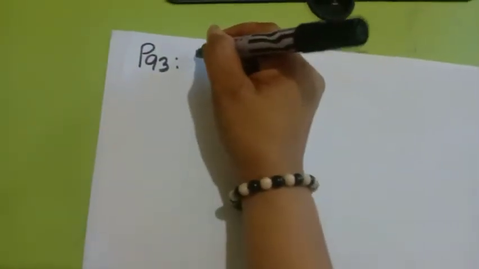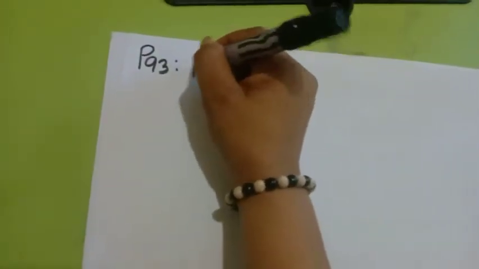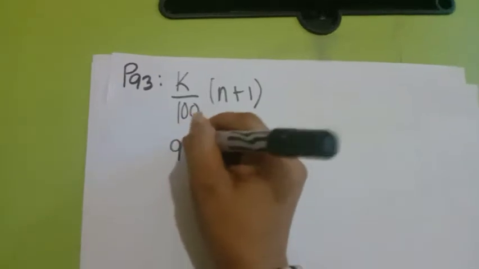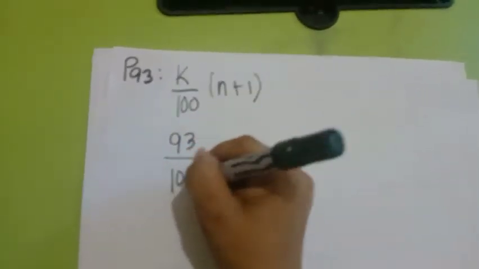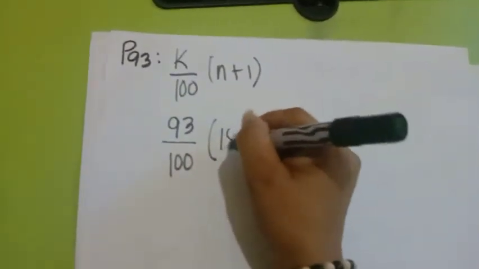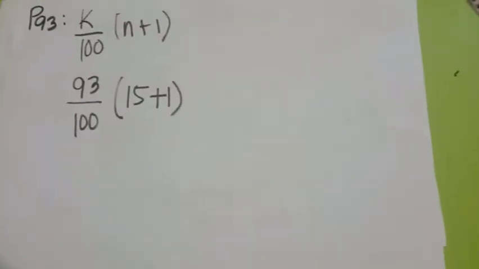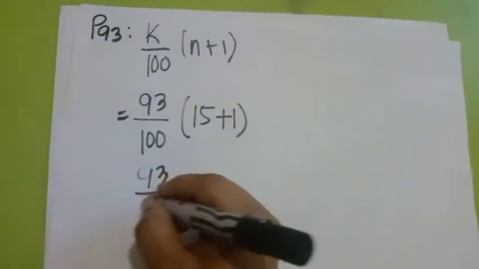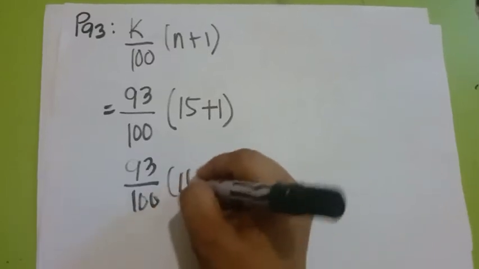So P93, this will be k over 100 times n plus 1. So this will be 93 over 100 times 15 plus 1. So 93 over 100 times 16.